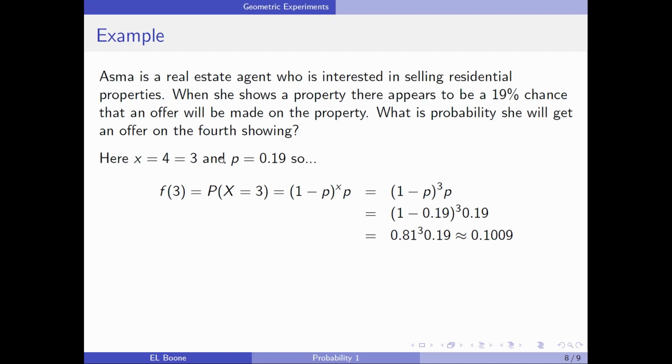That's what we're interested in, because we have to take off the success that terminated our series of events. P is 0.19. F of 3 is the probability x equals 3. Plug in all the numbers, work it out, and you'll see it's around a 10% chance that she will get an offer on the 4th showing. So these are not that hard to work with. Actually, I think they're way easier than binomial. You just have to have a good calculator and plug it in.